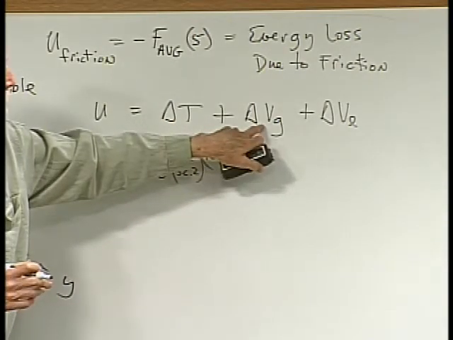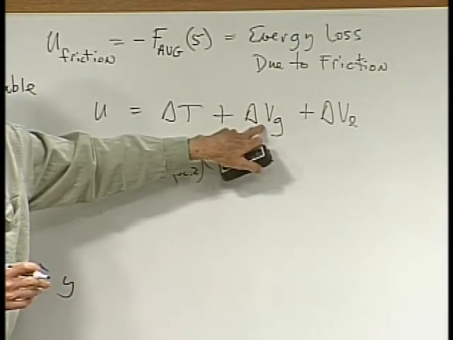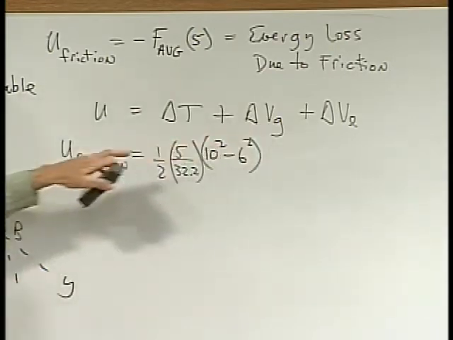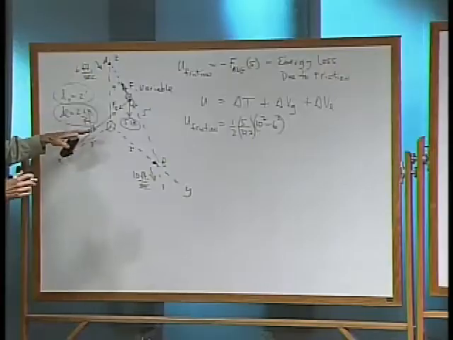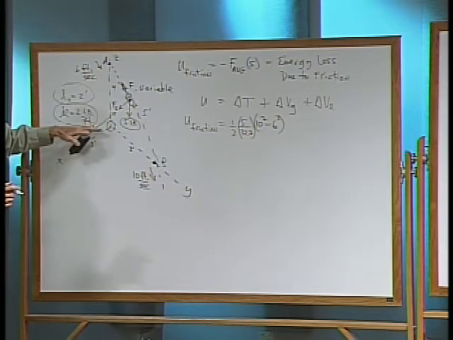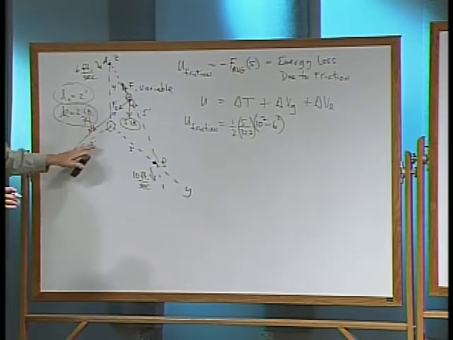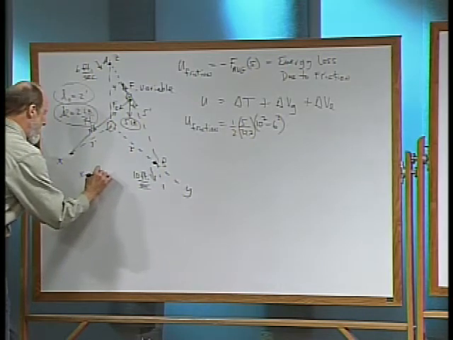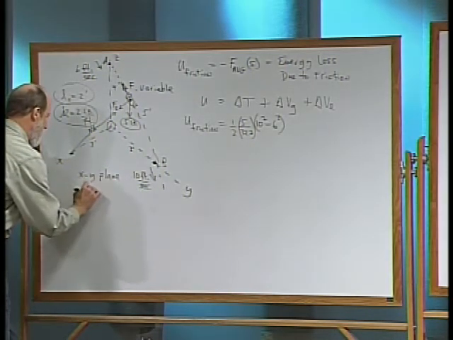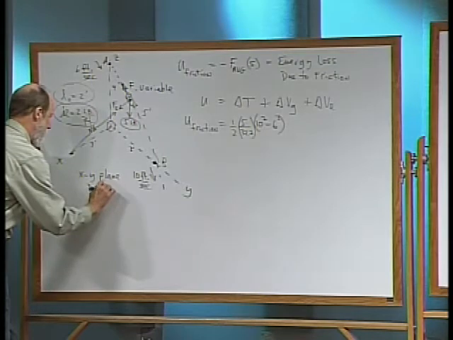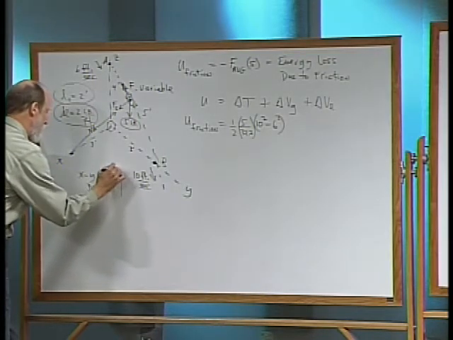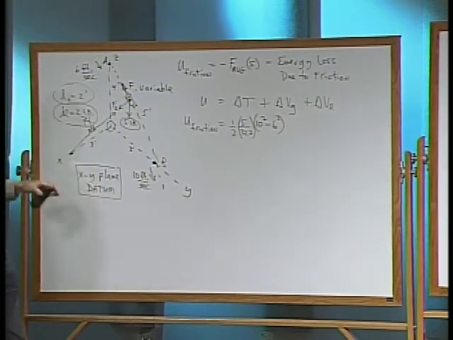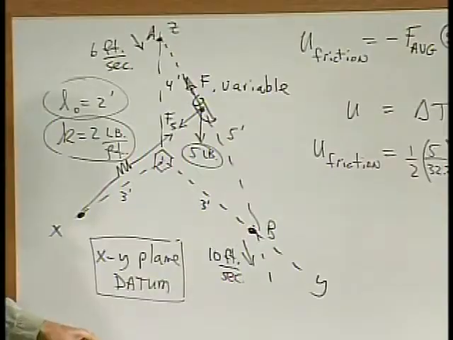Change in our gravitational potential. The change in gravitational potential is going to arise from the change in distance off of a datum. Why don't we let the XY plane be our datum, so down here at the lower level.